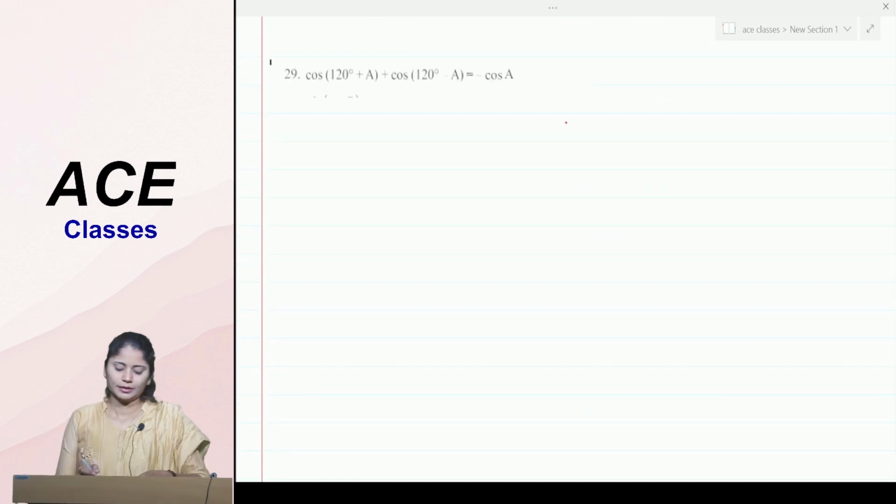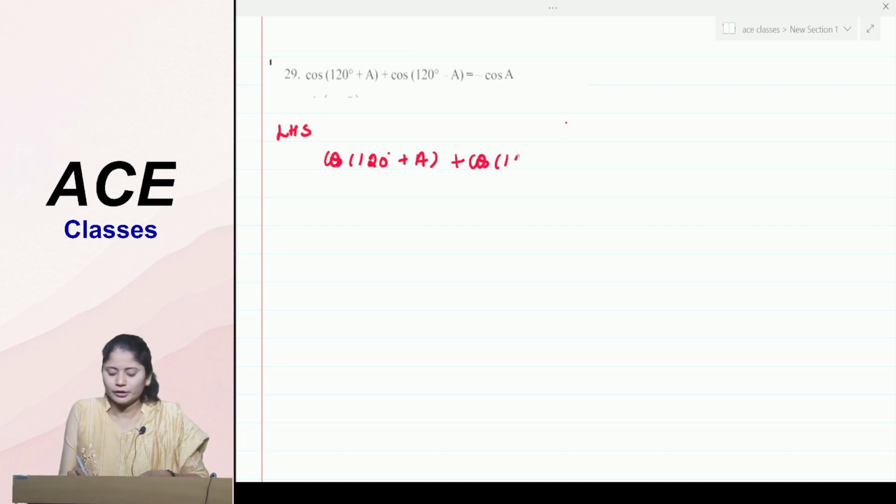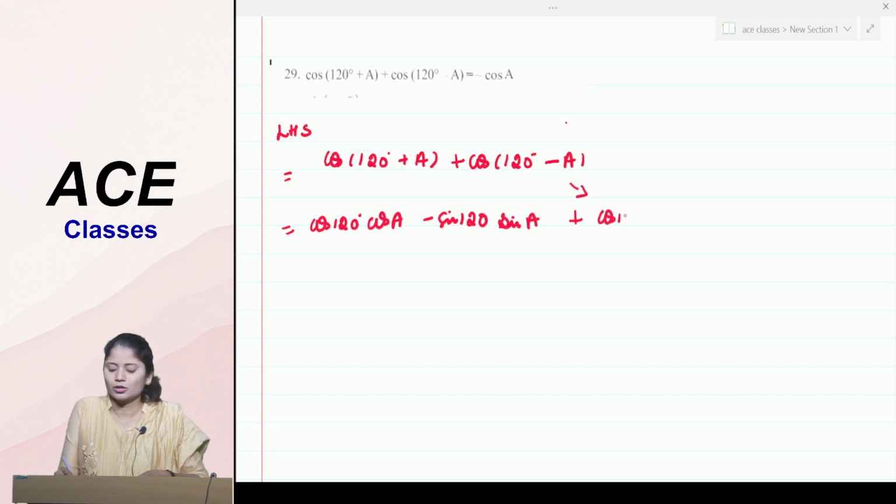Okay, next problem, 29th question. Cos of 120 plus A plus cos of 120 minus A equals minus cos A. So I'll use the formula for cos of A plus B and cos of A minus B. Let me consider the LHS: cos of 120 degree plus A plus cos of 120 degree minus A. Cos of A plus B is cos 120 cos A minus sin 120 sin A. Similarly, here I'll apply the formula, cos 120 cos A plus sin 120 sin A. Here these two terms are the same with opposite signs, so both will be cancelled.